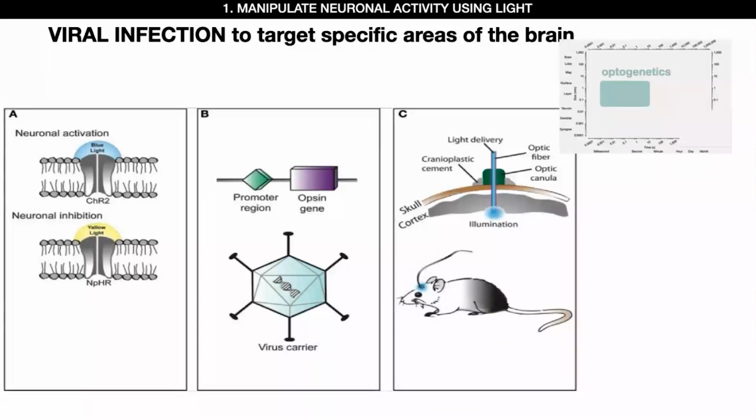So this is the spatial target that you can have with optogenetics. On the other side, you can also see the temporal resolution of optogenetics, which goes from less than milliseconds to a few minutes. And this depends on for how long you turn on the light to activate or inactivate your neurons, depending on the experimental protocol that you decide to use.